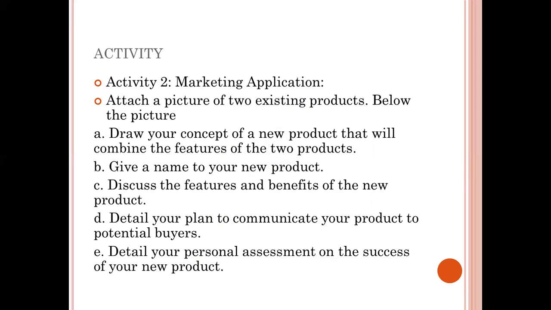Use a long bond paper and attach a picture of two existing products, and then below the picture draw a concept of a new product that will combine the features of the two products. Give a name to your new product, discuss the features and benefits of the new product, detail your plan to communicate your product to potential buyers, and detail your personal assessment on the success of your new product.